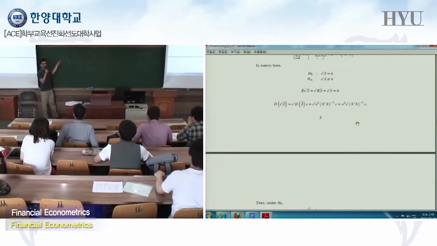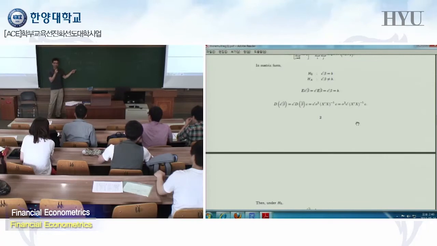And if our null hypothesis is right, this one should follow this one, right? Because if the null hypothesis is right, C prime beta is b in the Wald test.